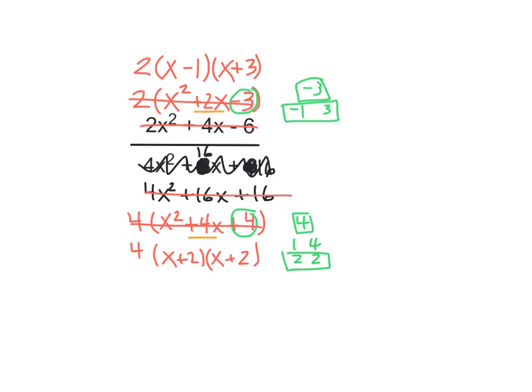So if I divide this 2 by 2, I get 1, and if I divide this 4 by 2, I get 2. And that is the only simplification we can do in this problem. Our final answer is x minus 1, x plus 3 over 2, x plus 2, x plus 2.